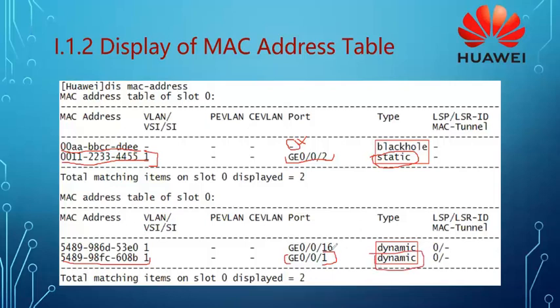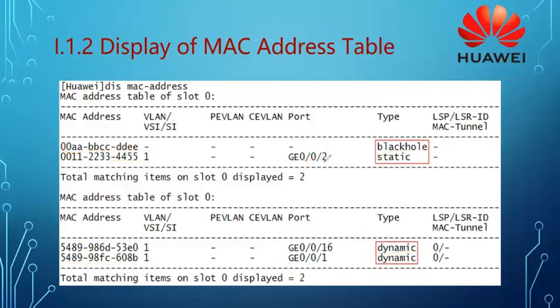Okay, so we have some examples here, and remember the content of this MAC address table will be aged after 3000 seconds, except the static and the black hole entries. Okay.